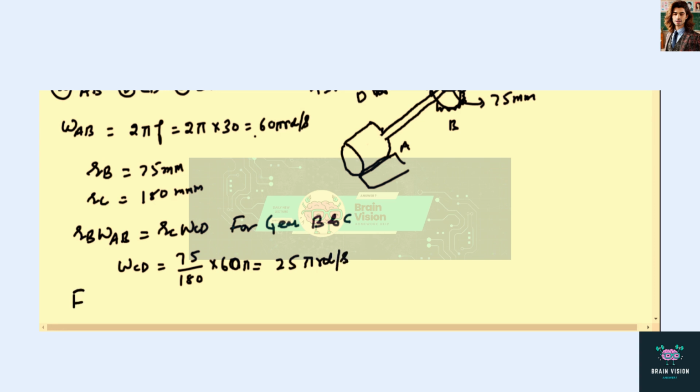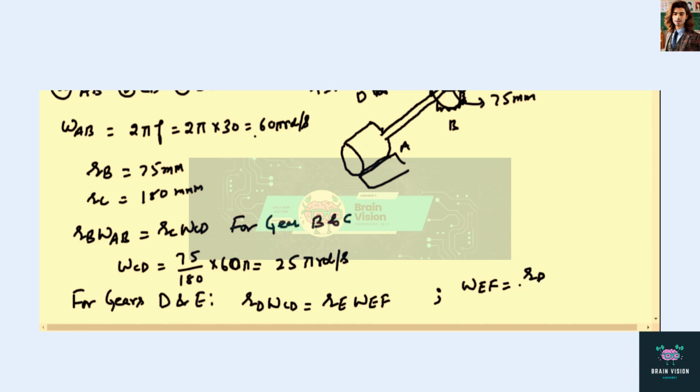For gears D and E, we can write R_D omega_CD is equal to R_E omega_EF. So from here omega_EF we will get R_D upon R_E into omega_CD.